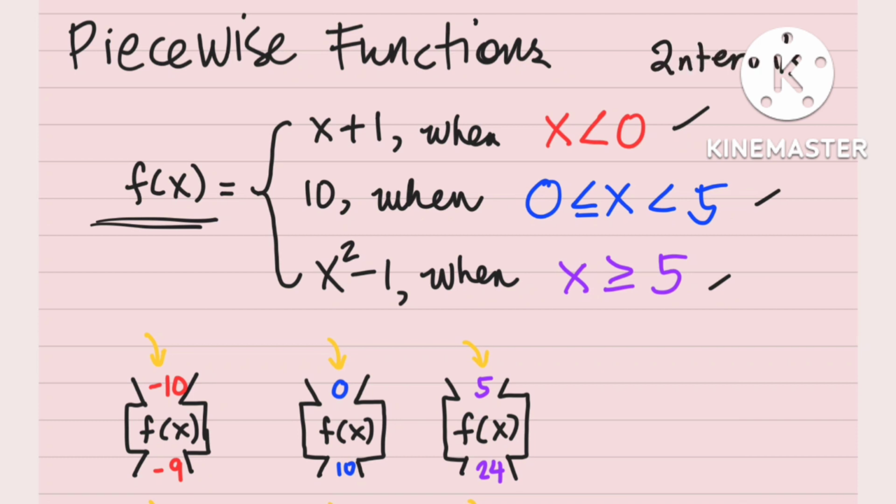And then, a piecewise function presents different conditions. Like in our example, the conditions are when your x or your input is a number that is less than 0, meaning negative, what we will do to the value is that it has to be increased by 1.